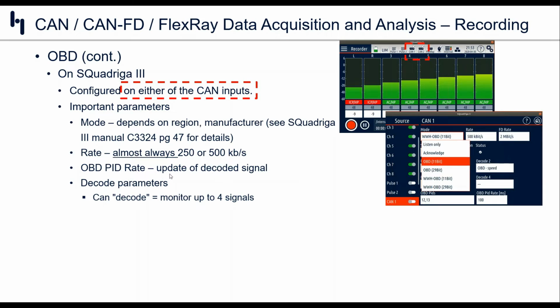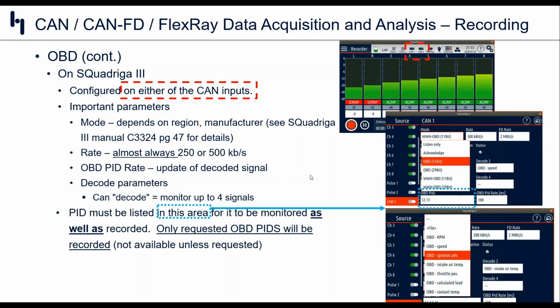So the OBD PID rate, this is the update of the decoded signal. How often do you want your screen to be refreshed with this information? Decode parameters, so you can decode or monitor, and that's what decode means on Squadriga 3, up to 4 signals. Now those PIDs, parameter identifiers, must be listed in this area here for it to be monitored as well as recorded.